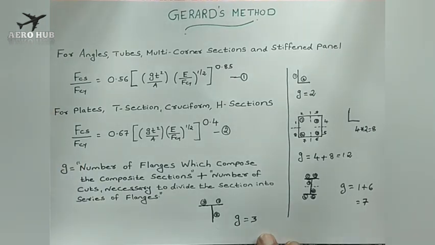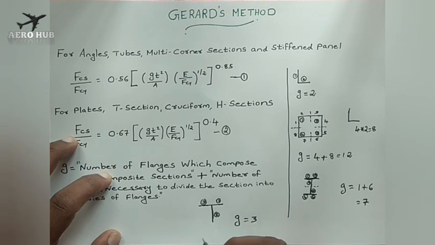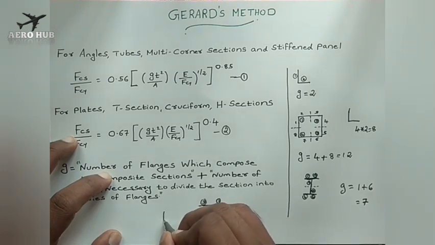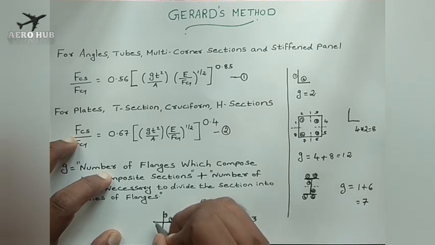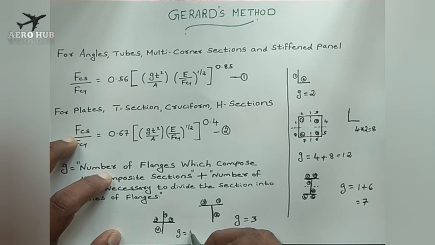Similarly, we can find it for a cruciform or a cross. We need not make any cut here. This is the first flange, second flange, third flange and fourth flange. So the value of G will be 4.